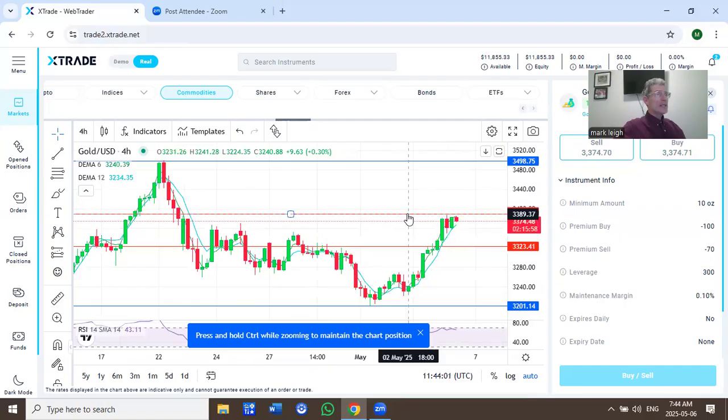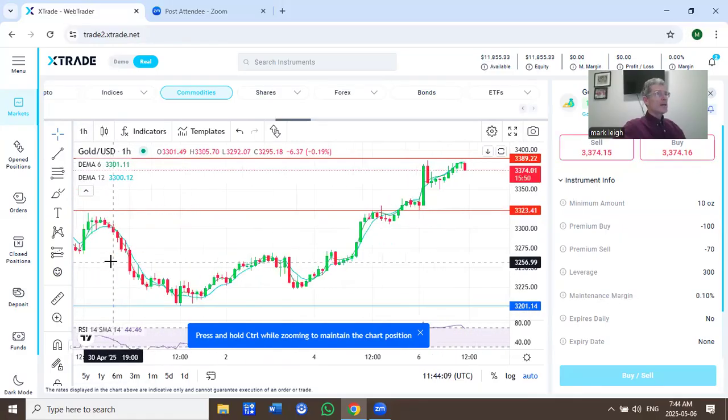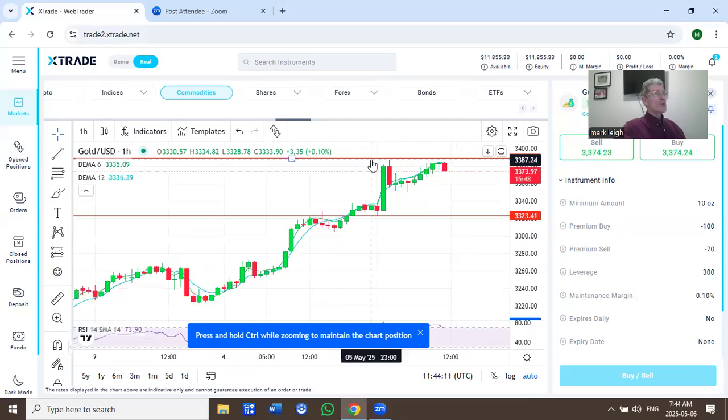And there you can see, here's the resistance getting tested, 3,390. If I zoom in on the hourly, this is where we're sitting right now. Perhaps a push down off these resistance levels. Selling gold, that would be if the US dollar perhaps makes a comeback and we see US dollar strength for the US session.